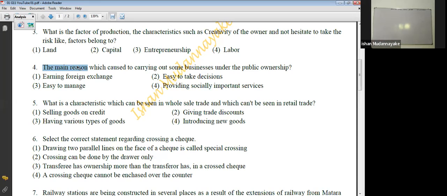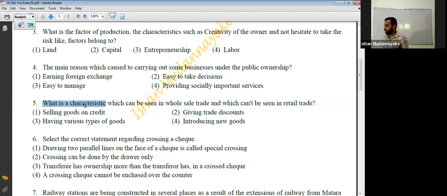Right. Look at the fifth one. What is a characteristic which can be seen in wholesale trade and which can't be seen in retail trade? Selling goods on credit, giving trade discounts, having various types of goods, introducing new goods.